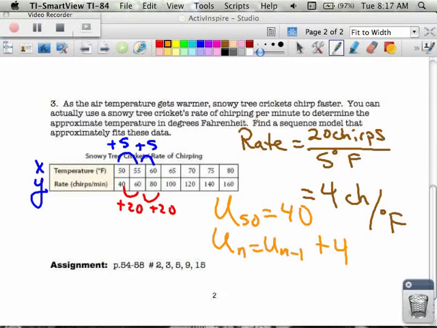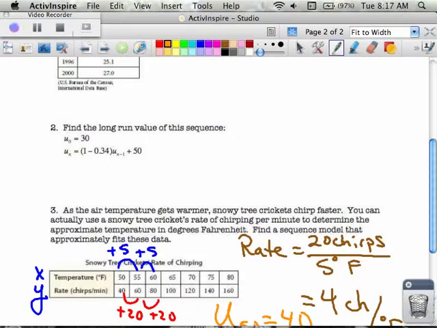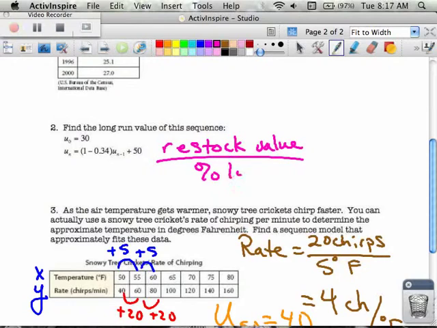Okay, let's go to the previous one then, which is number 2. The long run value yesterday we talked about was the restock value divided by the percent lost.